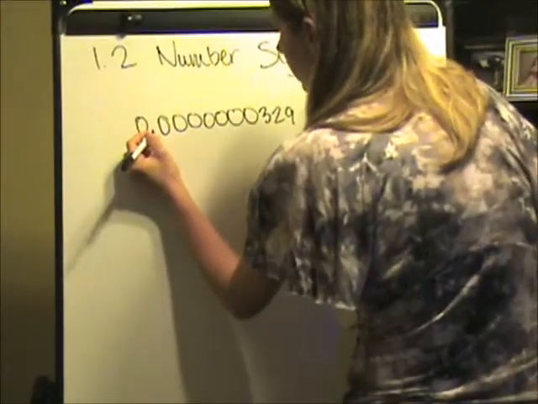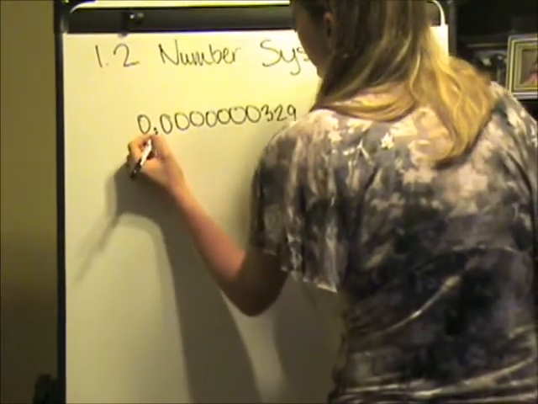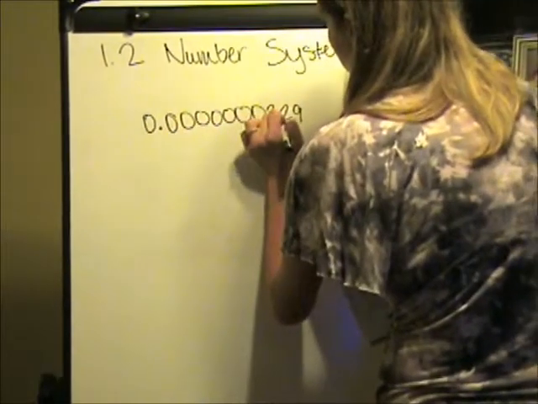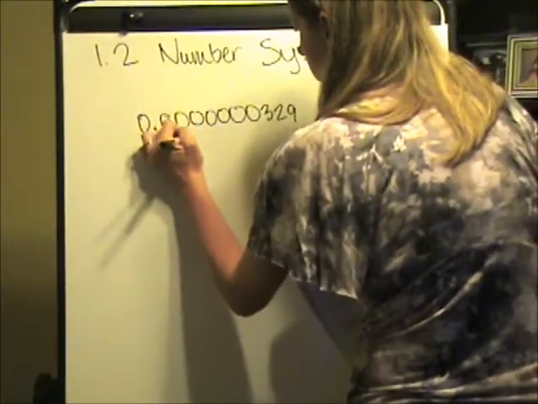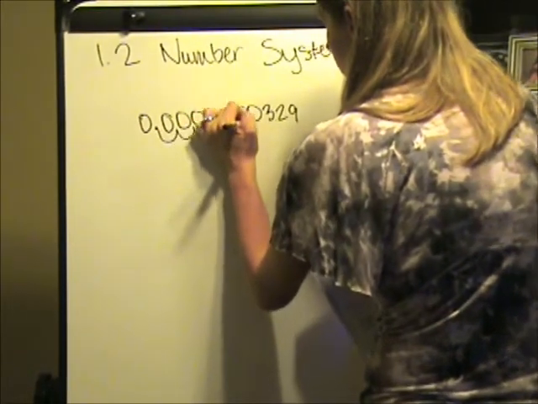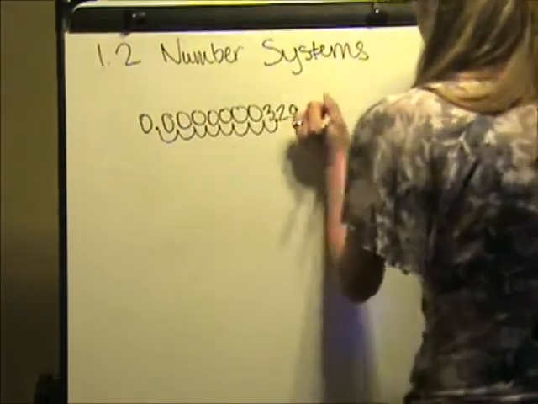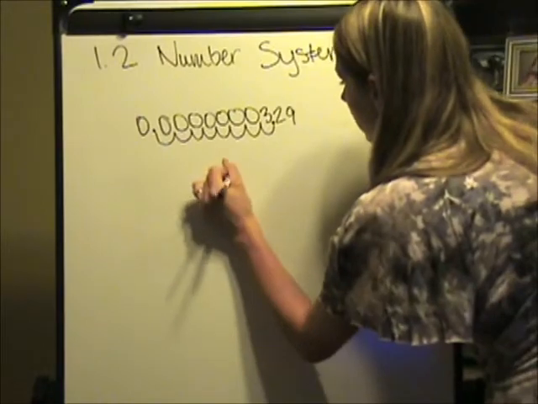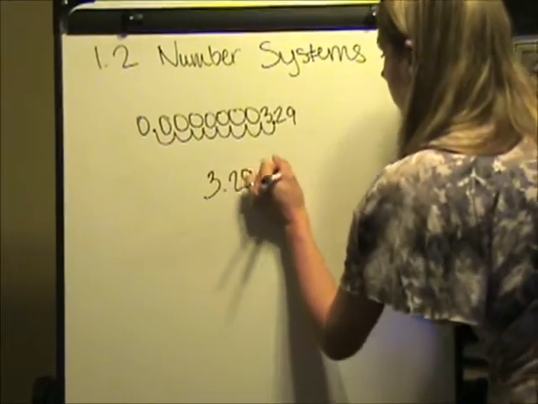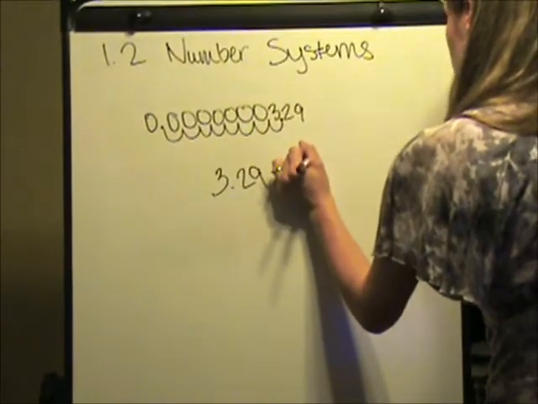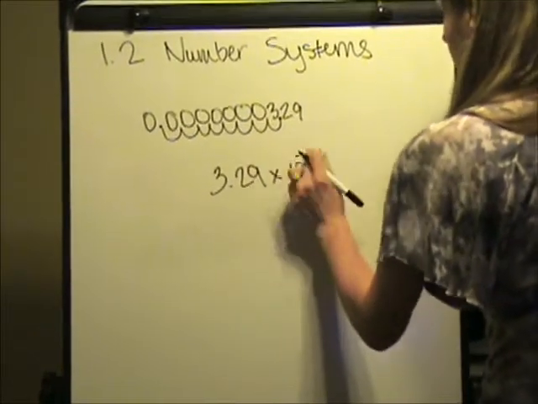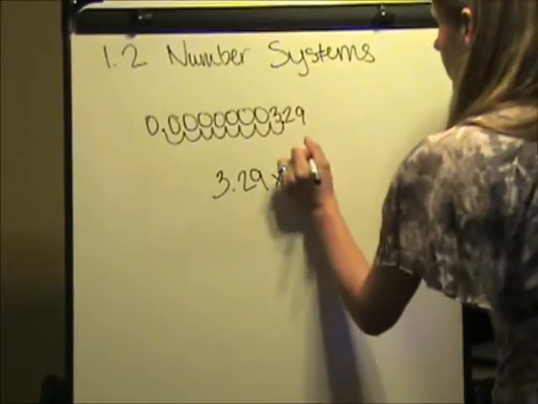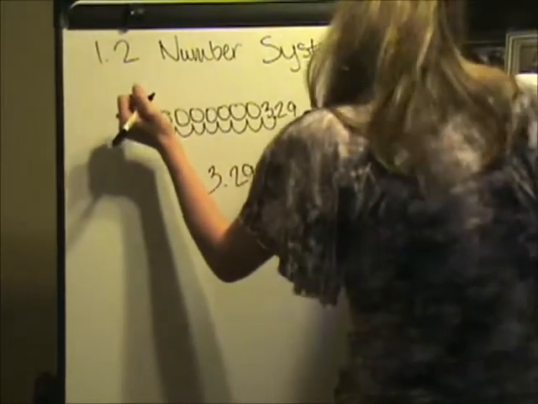So let's start with our decimal and count until we get to here. 2, 3, 4, 5, 6, 7, 8. So we're going to rewrite that as 3.29 times 10 to the negative, whoops, and we went 9, not 8, sorry. I forgot a 0.